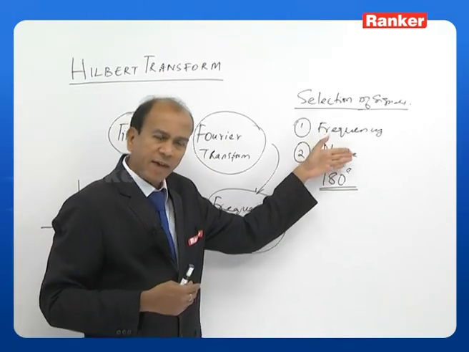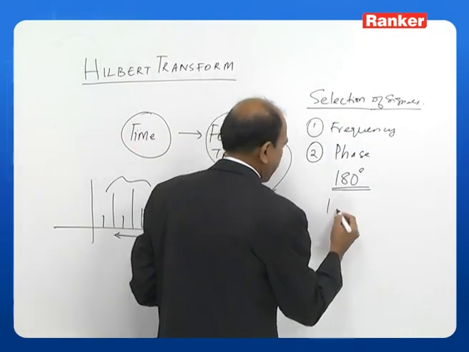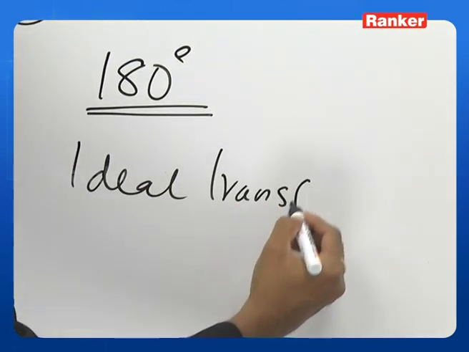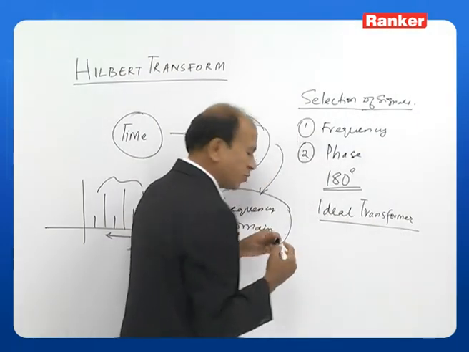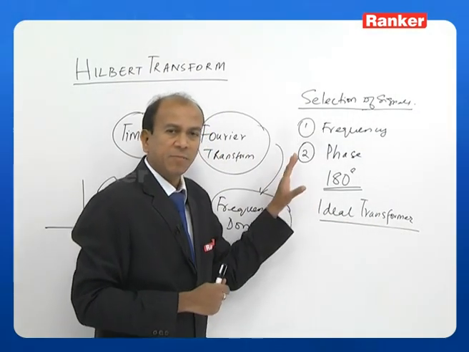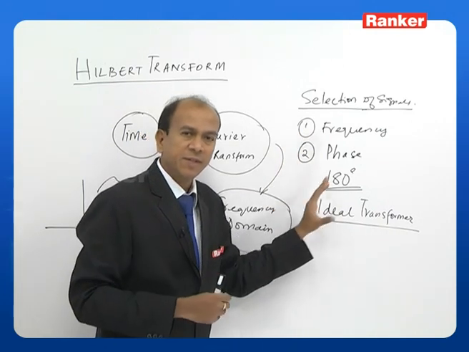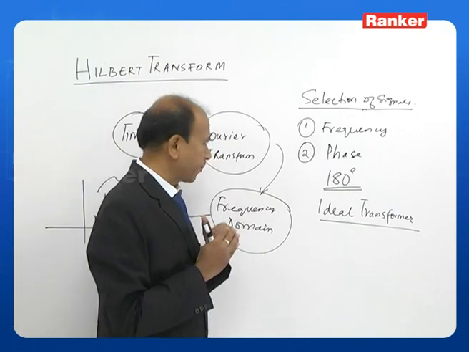As you are all aware, this type of phase reversal happens in the case of an ideal transformer. So, what does an ideal transformer do? The transformer takes the input signal and converts each and every component of the input signal by shifting it 180 degrees. That means there is a phase reversal.